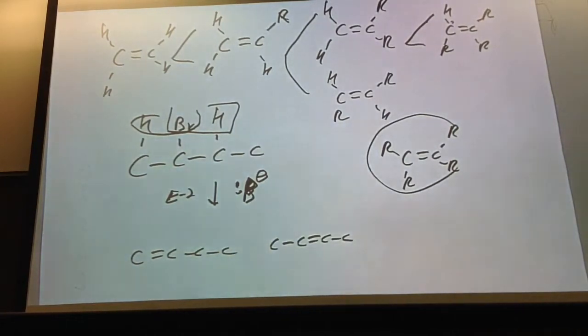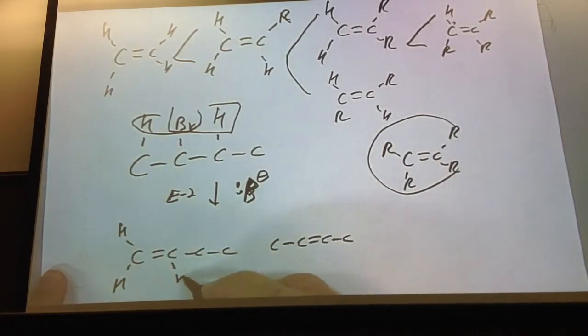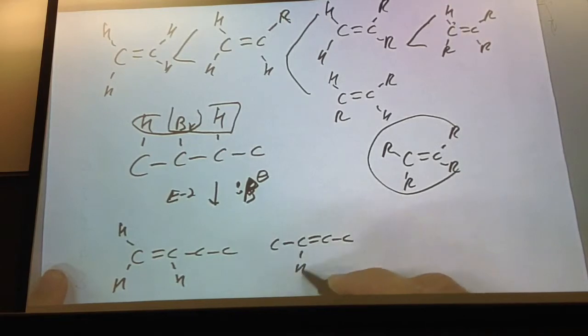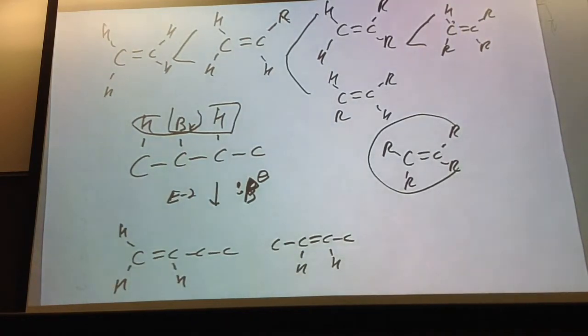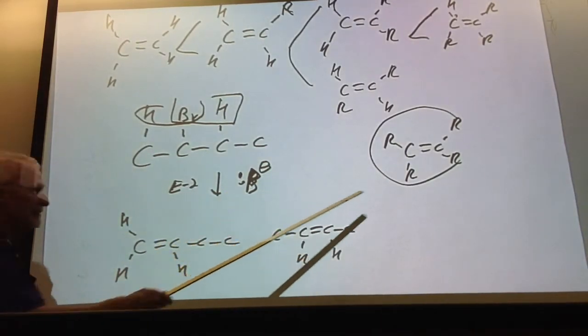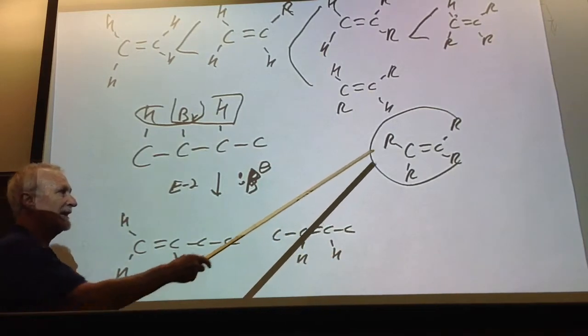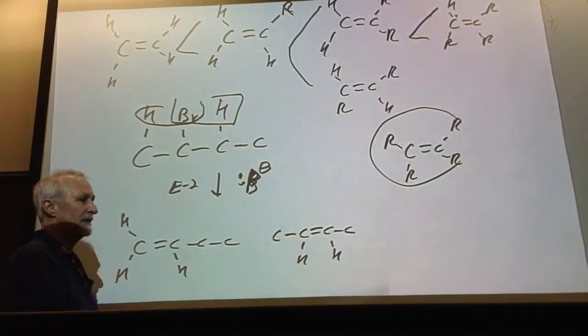One way to do this is to see how many hydrogens are attached to these carbons. And so, remember, the more R groups you have attached, the more stable it is, or the fewer hydrogens you have attached, the more stable it is.